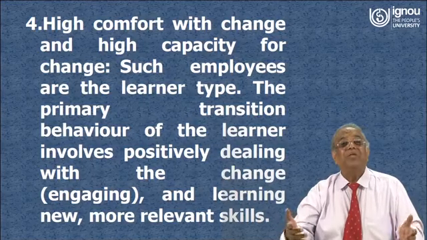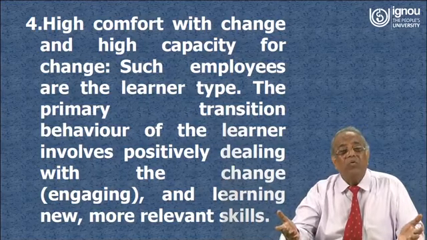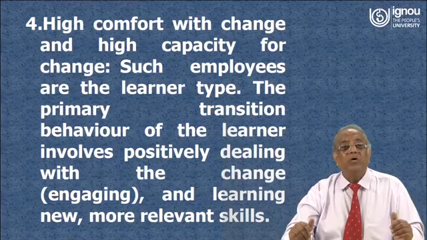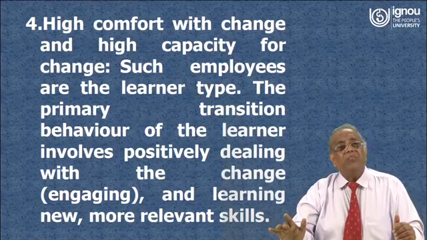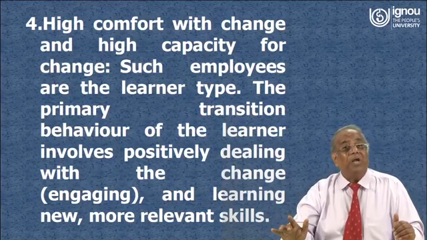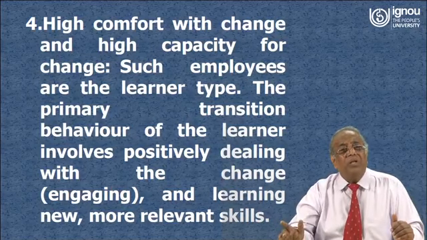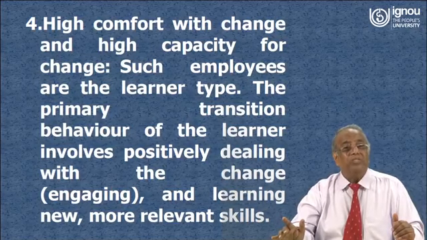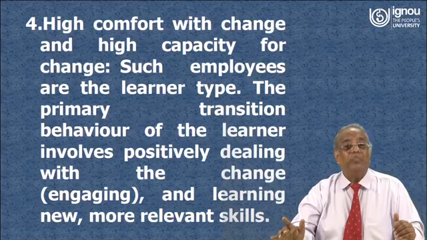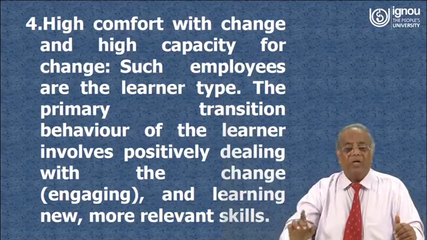That means they really want to do the change in the system. Such employees are the learner type. The primary transition behavior of the learner involves positively dealing with the change, engaging and learning new, more relevant skills.